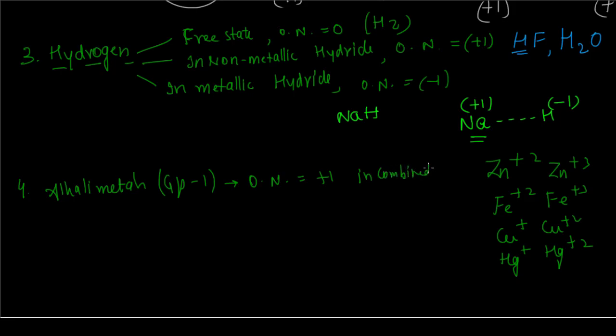For metals, it is always a positive oxidation state in most cases. Then for alkaline earth metals, that is the calcium group, group 2, the oxidation number is +2 in the combined state.